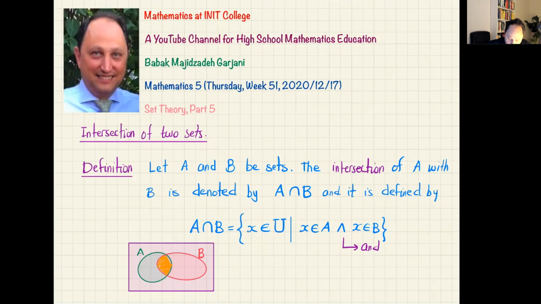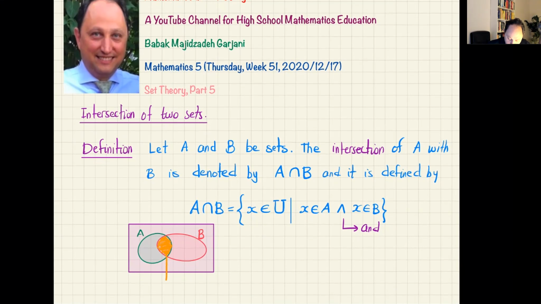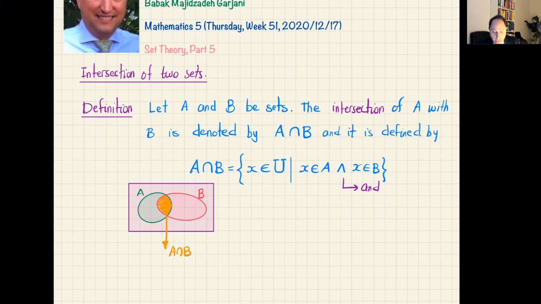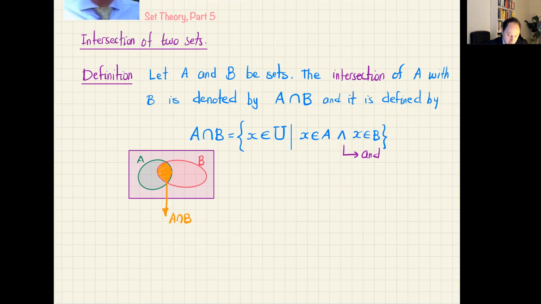This part, which is in both of them, is called the intersection, A intersection with B. The elements that are simultaneously in A and B are called the intersection of two sets. Very simple examples. Let me just give an example, and then we are more or less done. Example.